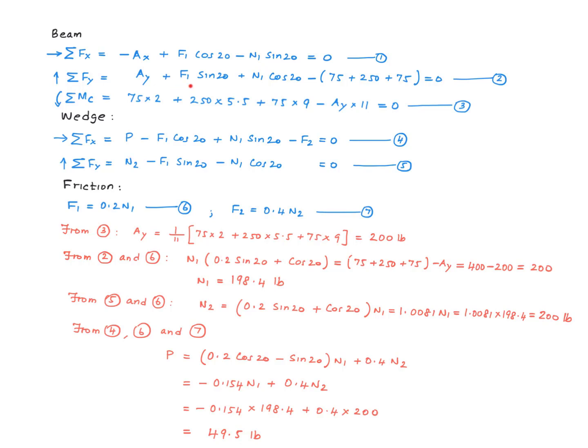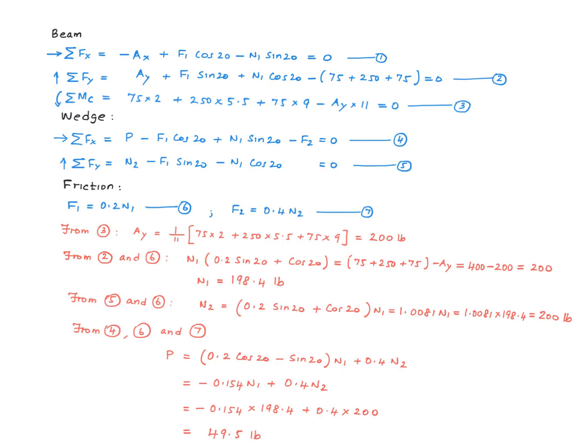Next, I want to find N1 from equation number 2. And these are the two terms that involve N1. And I'm going to use the friction equation, which is F1 equals 0.2 multiplied by N1, in order to express this in terms of N1. Then I factor N1 out of the two terms, so N1 multiplied by 0.2 times sine 20 plus cosine 20 equals, right?